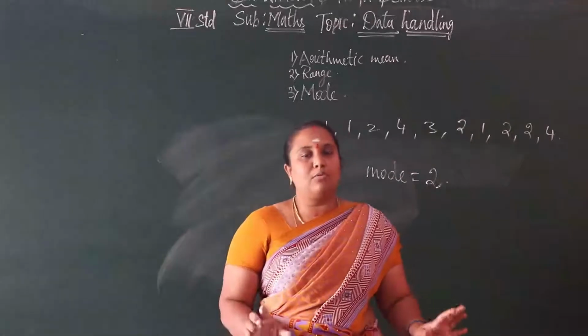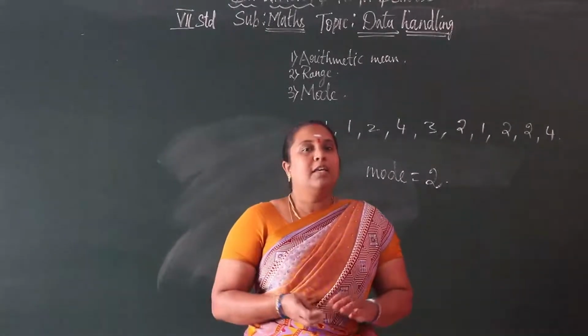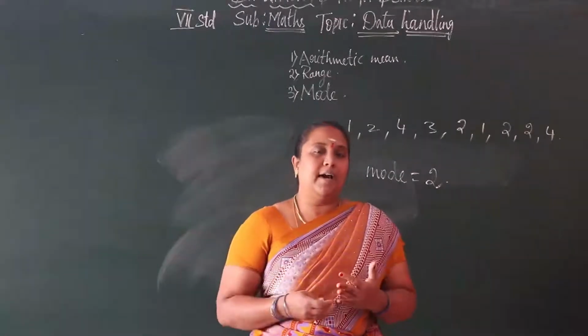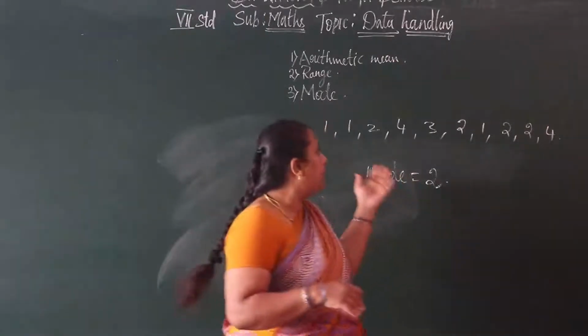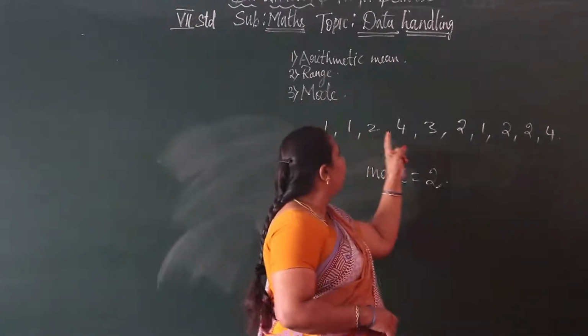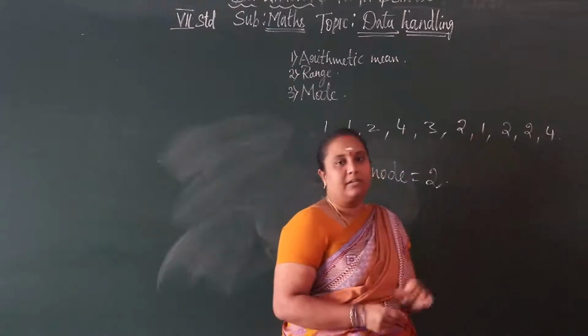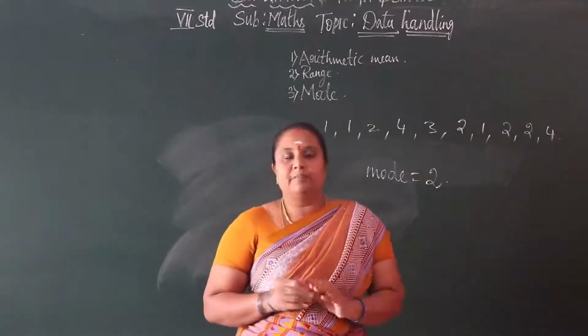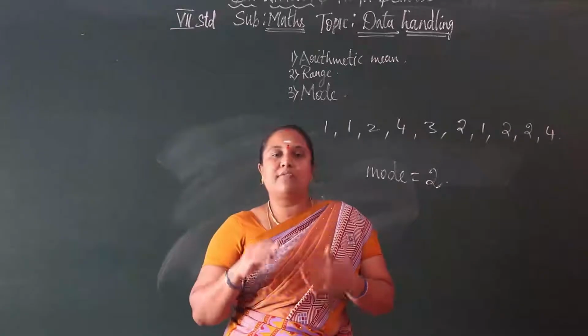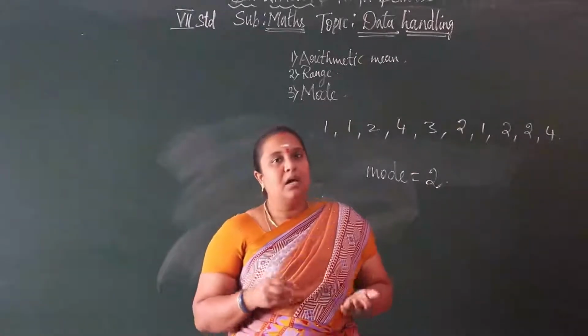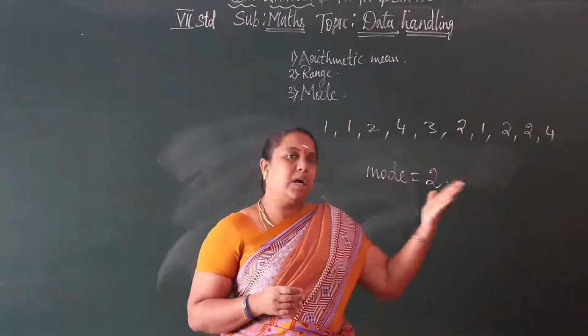Understood, children? How to find out the mode? Here we have only 10 numbers. In 10 or 15 numbers, we can find the mode easily by counting.